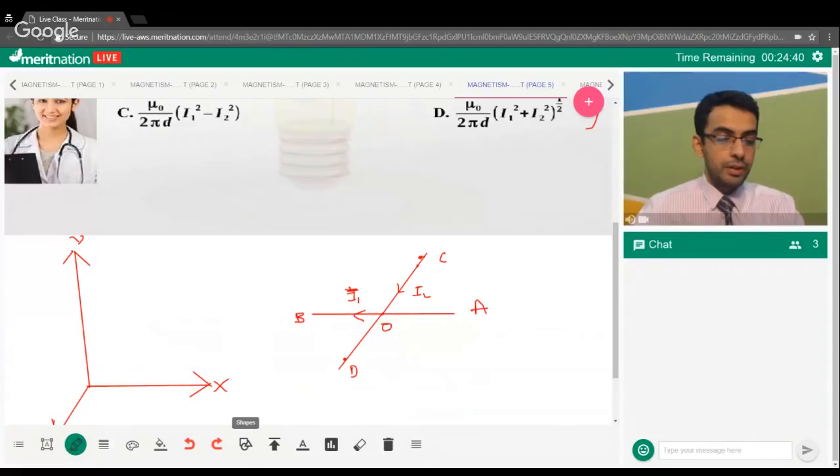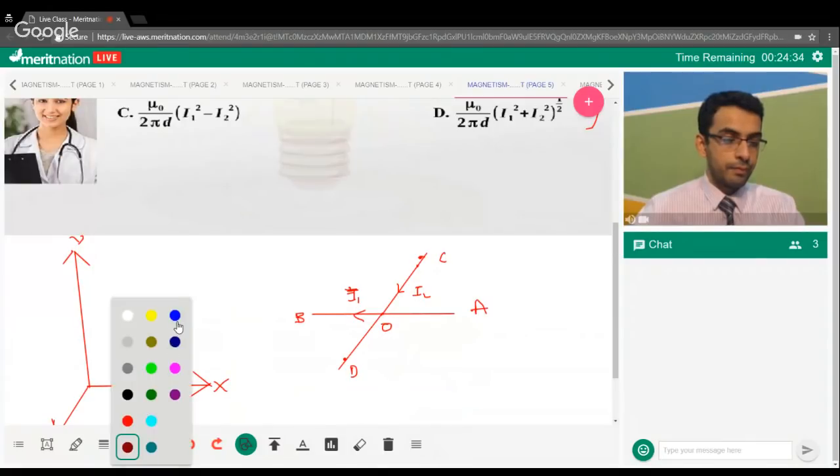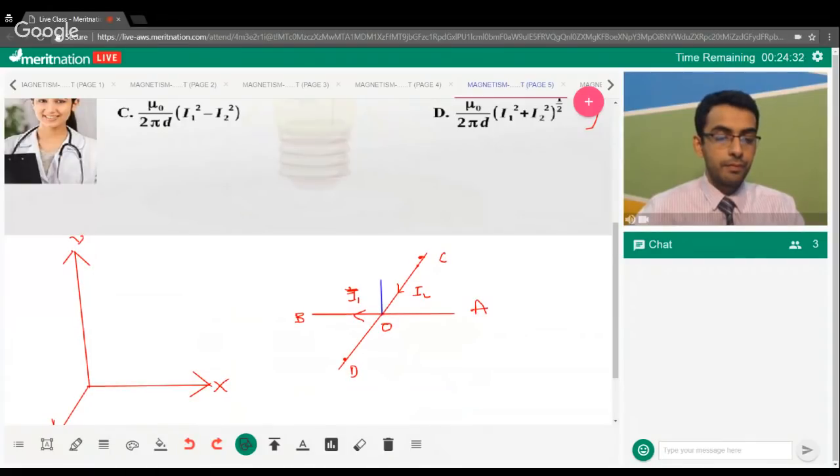We have a point along the y-axis, and the distance of the point from point O is small d.